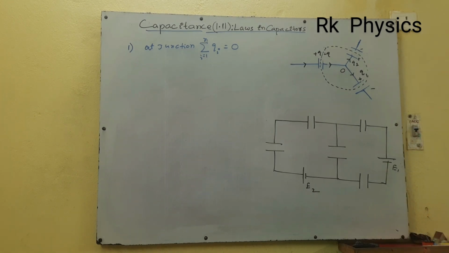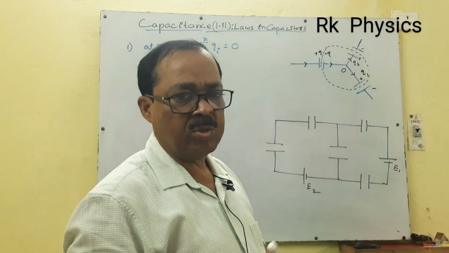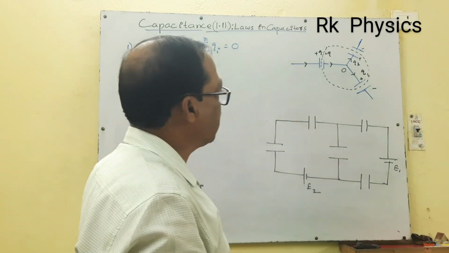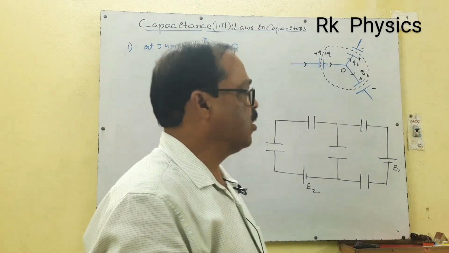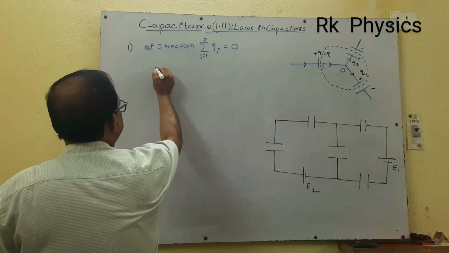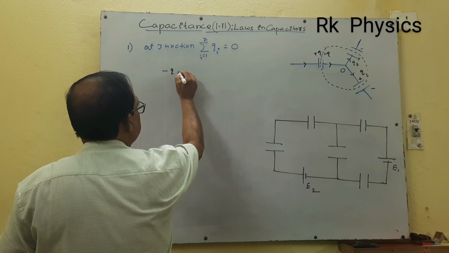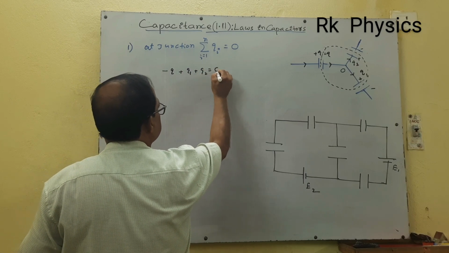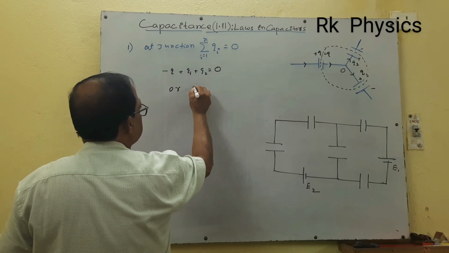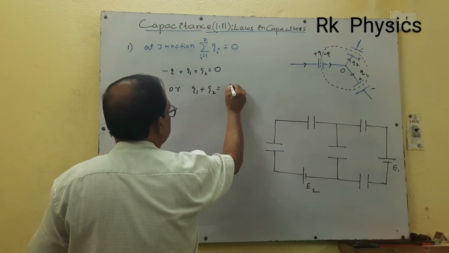Now, this shows that the total charge, minus Q entering the junction O, equals the total charge, plus Q1 and plus Q2, leaving the junction. If you use this loop as per the system, minus Q plus Q1 plus Q2 must be equal to 0, or you write Q1 plus Q2 equal to Q.